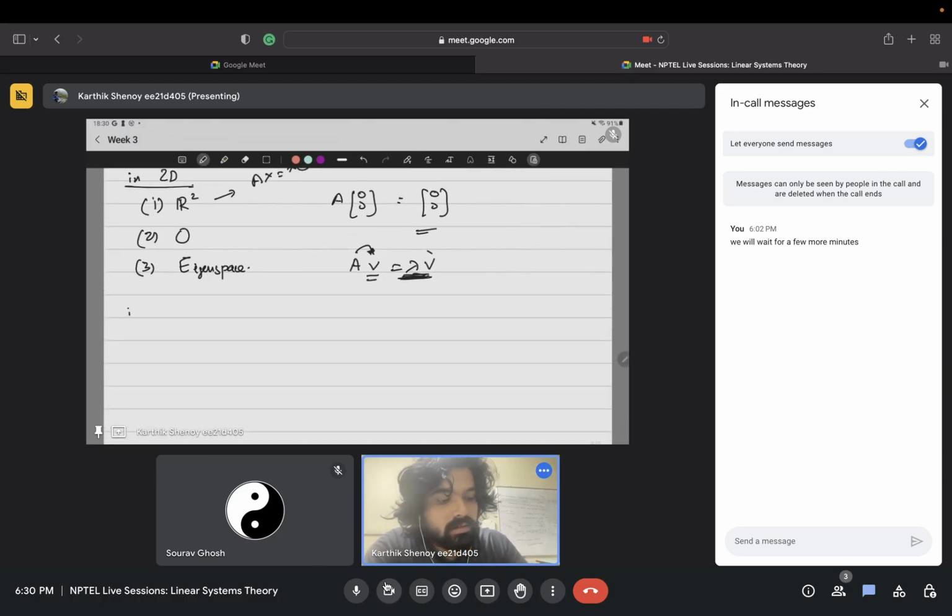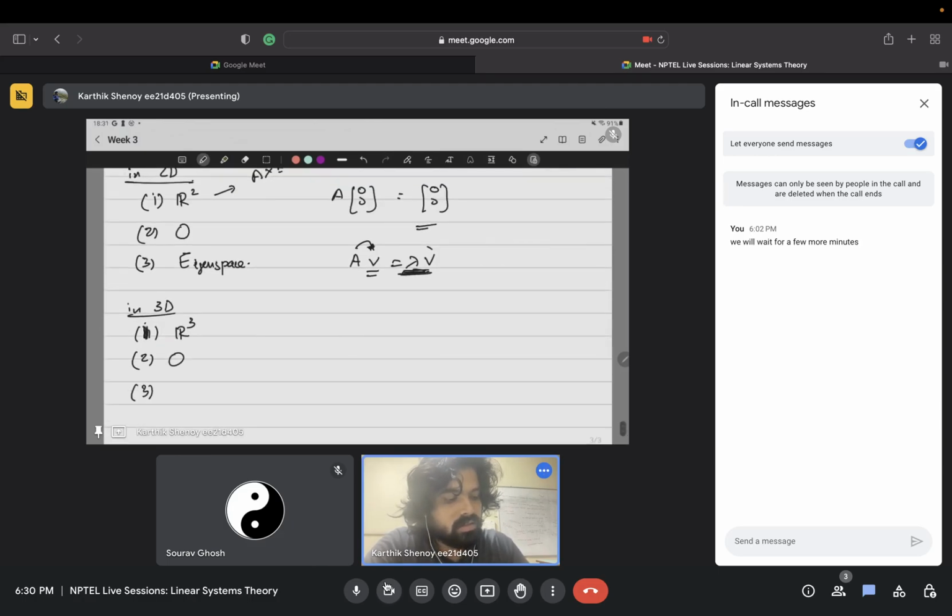In 3D, you can have R3, you can have the origin, which are trivial. Third is a line, which is an eigenspace, an eigenvector, and fourth one is a linear combination, which is a plane. So you can have something like this.